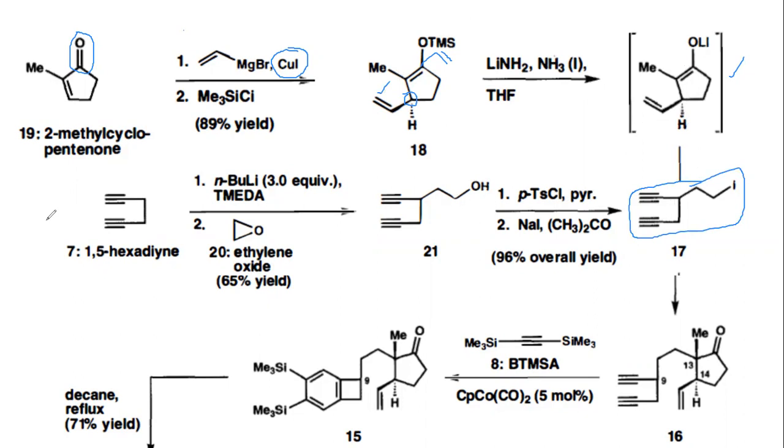And this 17 is synthesized from 1,5-hexadiene, which is coupled with ethylene oxide. As a result, you get this type of product, which on treatment with tosyl chloride in the presence of pyridine, and then sodium iodide in acetone, gives this type of product. Further on coupling this with this product, you will get this type of product.